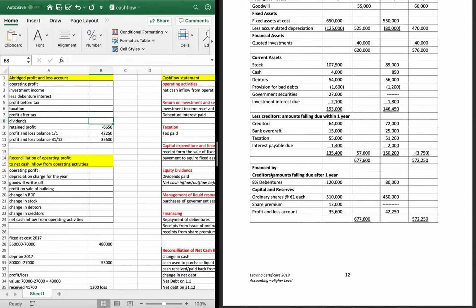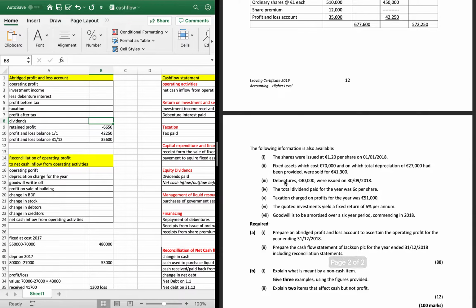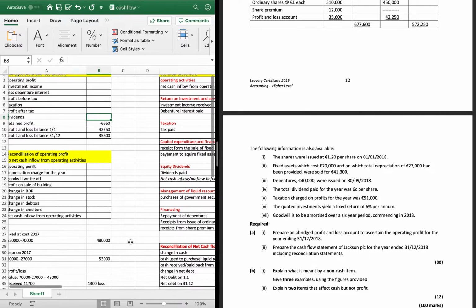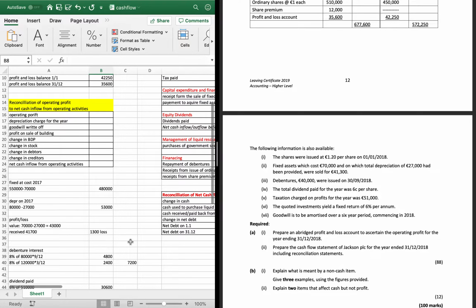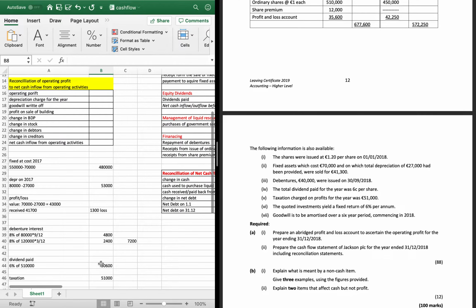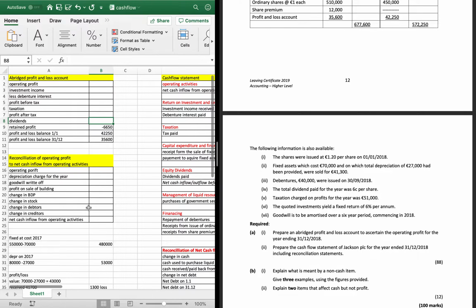Dividends is next. It told us the dividend paid for the year was 6 cents per share, so we worked that out. Dividends paid is 30,600. We know dividends paid is a minus. So some number minus 30,600 is minus 6,650.